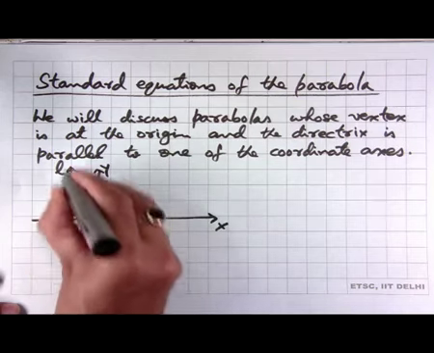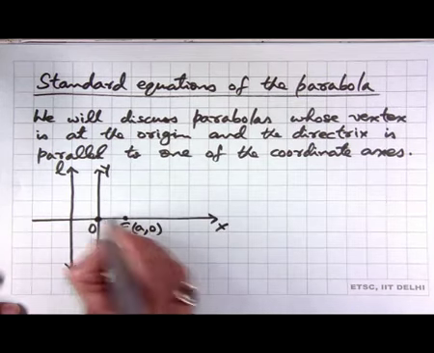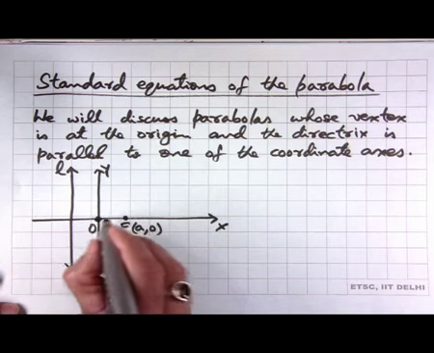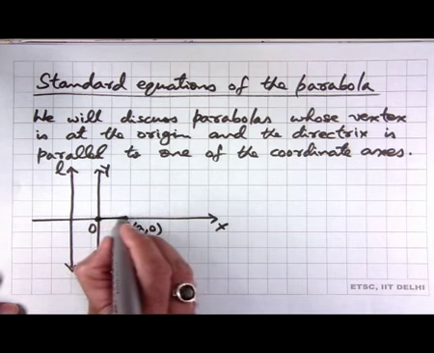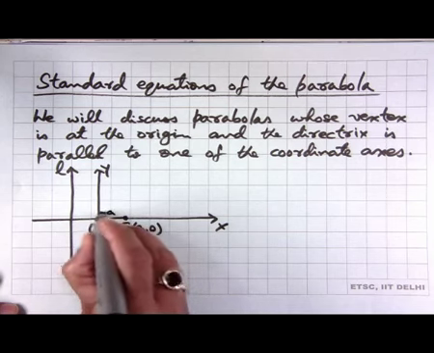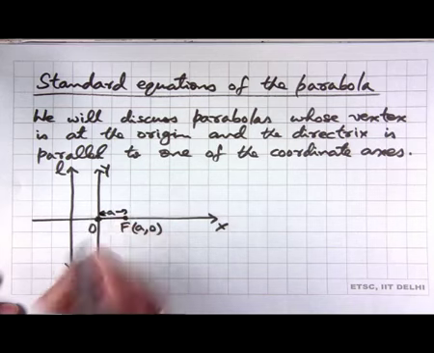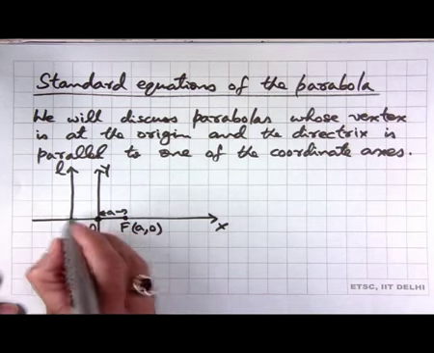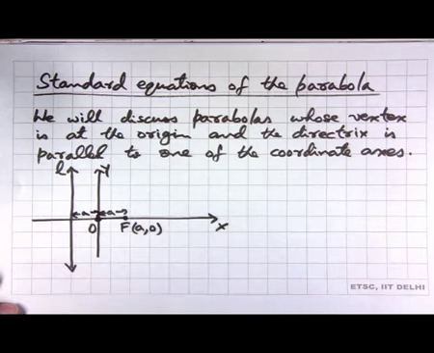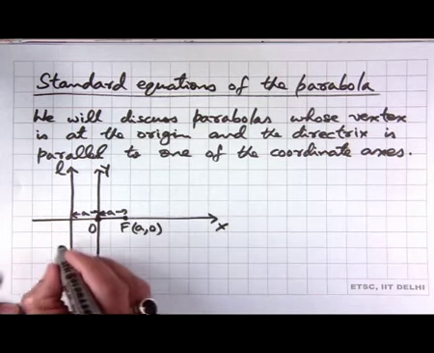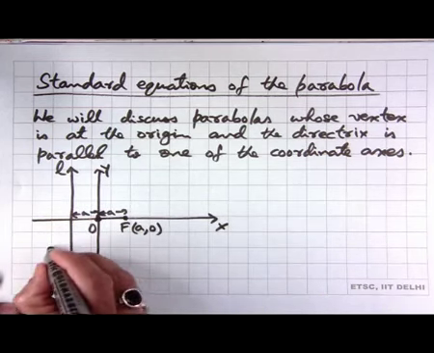Then what is the equation of this line L? If you see the distance of this point vertex which is on the parabola to focus, this distance is a. So, the distance of the vertex to the line should also be equal to a, and therefore, the equation of this line is x equal to minus a.